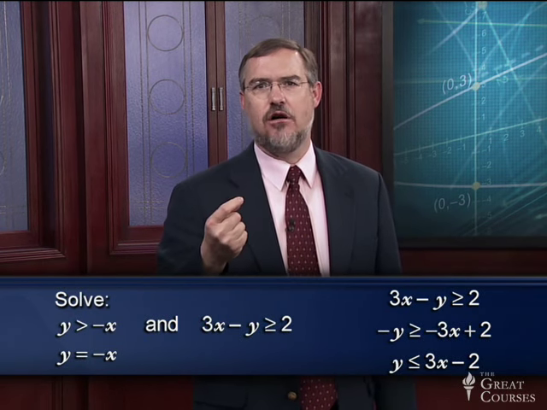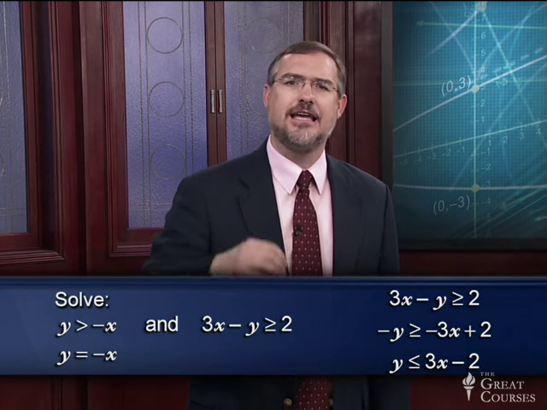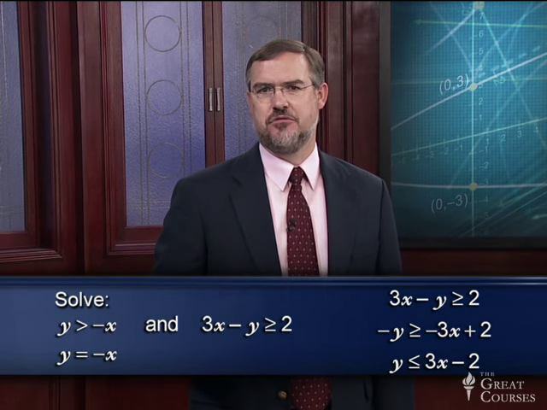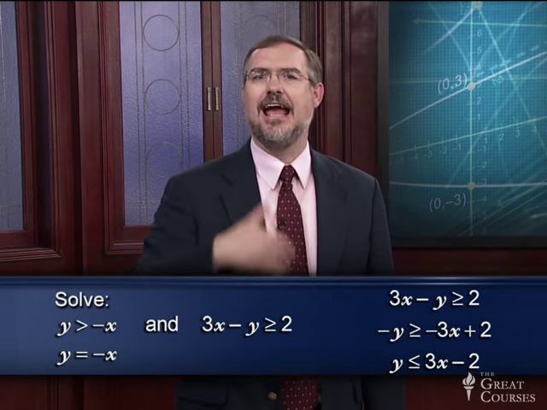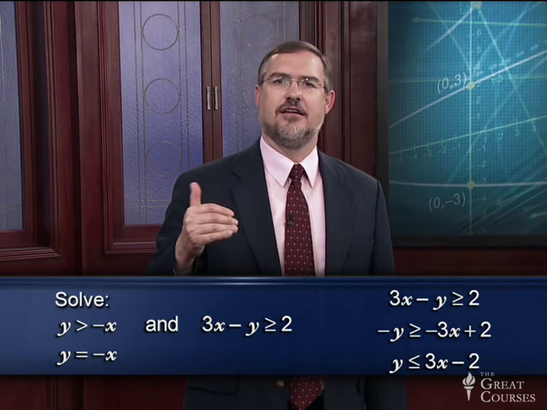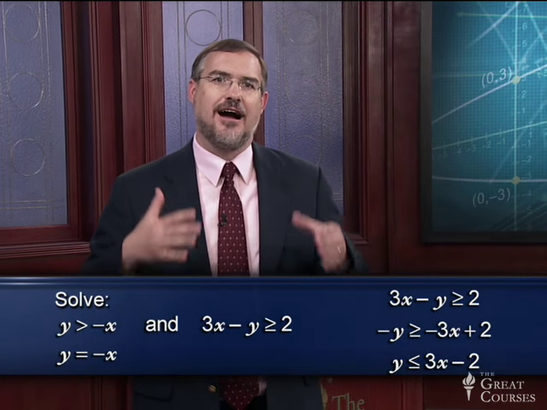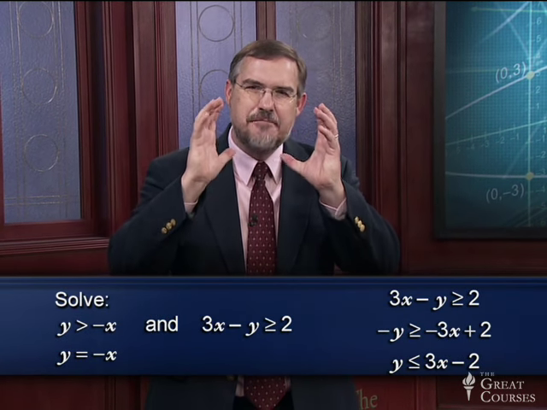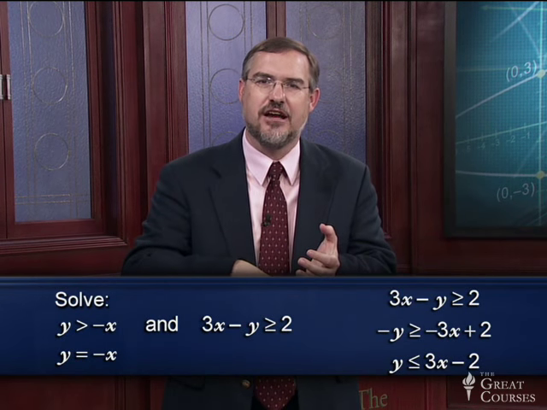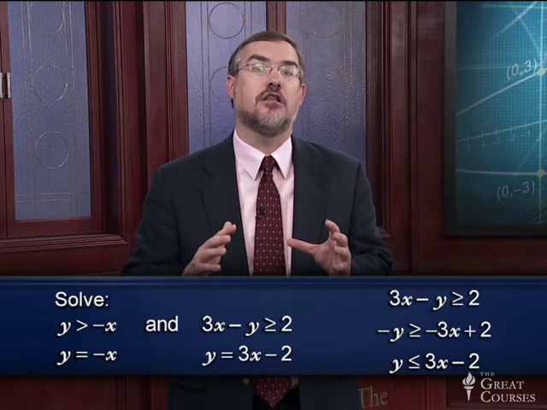So my inequality now is y is less than or equal to 3x minus 2, and the other one just comes along, y is greater than negative x. Perfect. Now I can see the boundary line equations much easier. I've got y equals negative x, and y equals 3x minus 2 as the boundary lines.